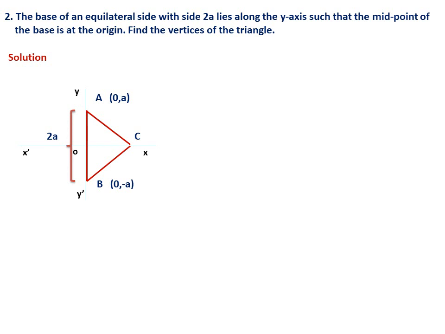For example, you can also take C on the left side, because you see the base of the equilateral triangle with side 2a lies along y-axis such that the midpoint of the base is at the origin. Only that much is given. I have taken only one case, that is the other vertex C lies on positive x-axis. Same way you can also find, if the condition is not given, the negative x-axis also possible.